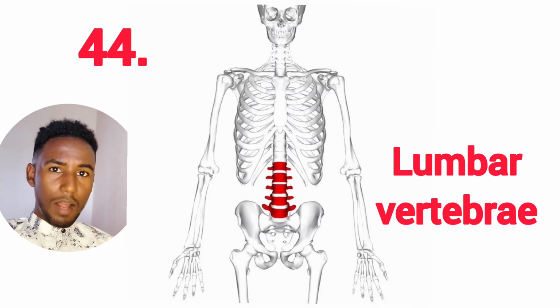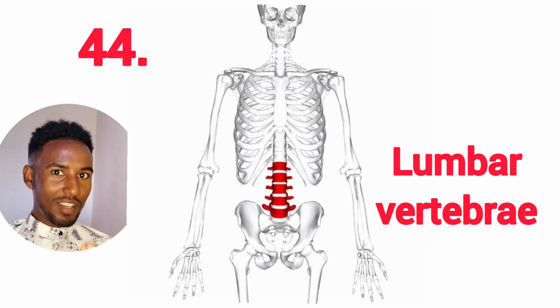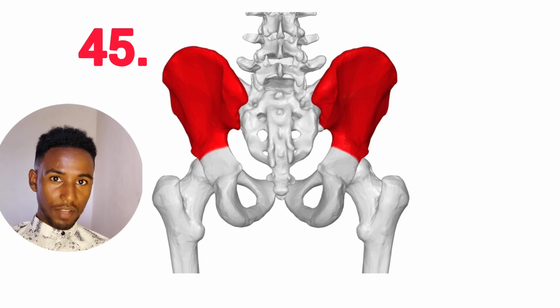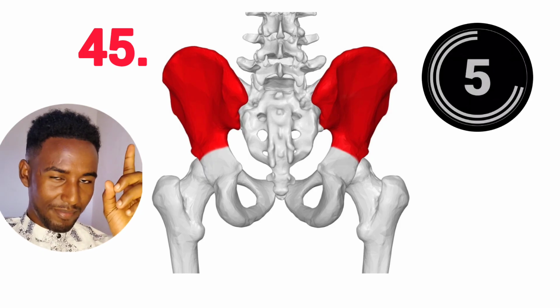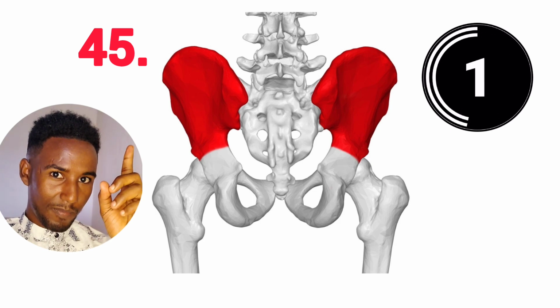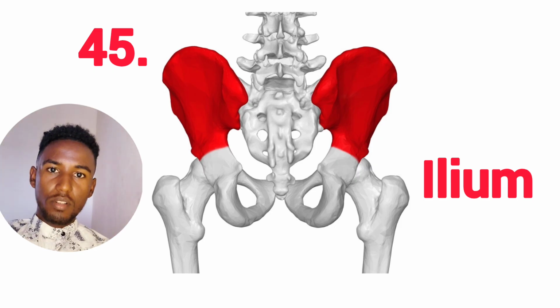It is the lumbar vertebra. The weight-bearing vertebra is called the lumbar vertebra. Question number 45. Can you guess the name of this bone? It is the ilium. The broad superior part of the hip bone is called ilium.